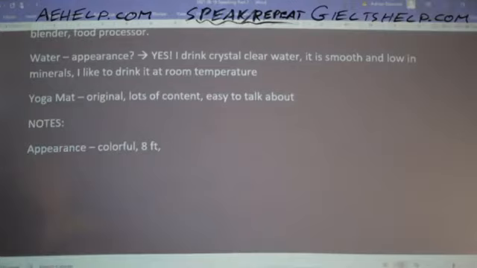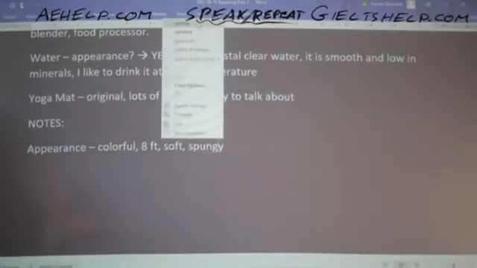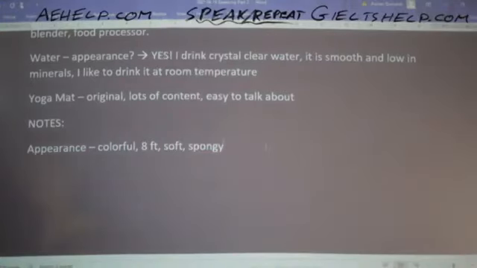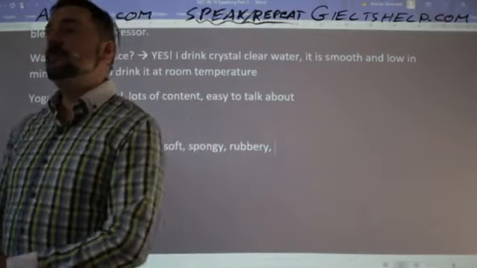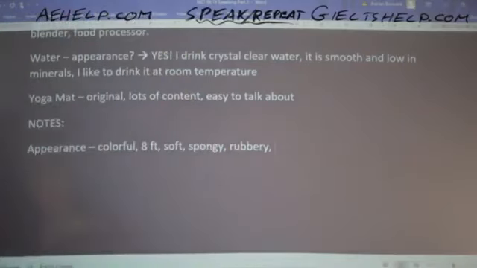Amanda says soft, spongy. I think there's a word such as spongy, like that. Spongy, rubbery. Okay, Charmin, very good. Charmin says 3 centimeters thick. That's pretty thick.